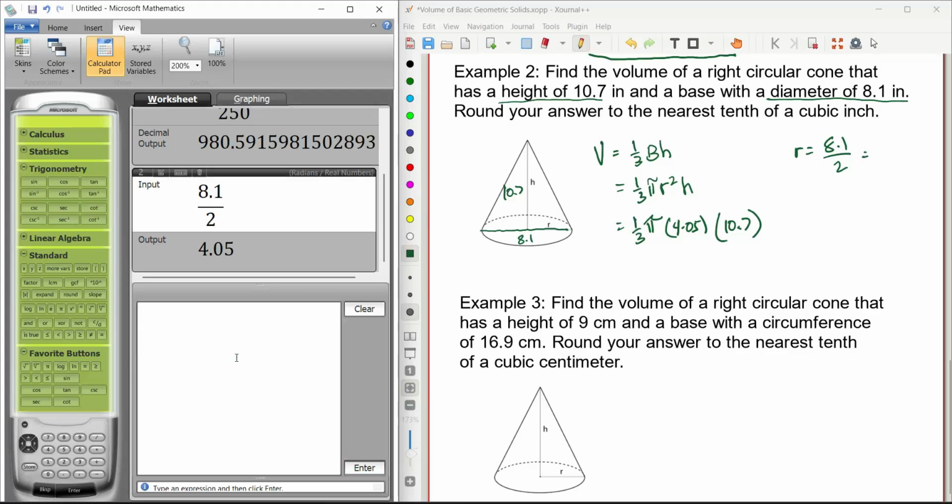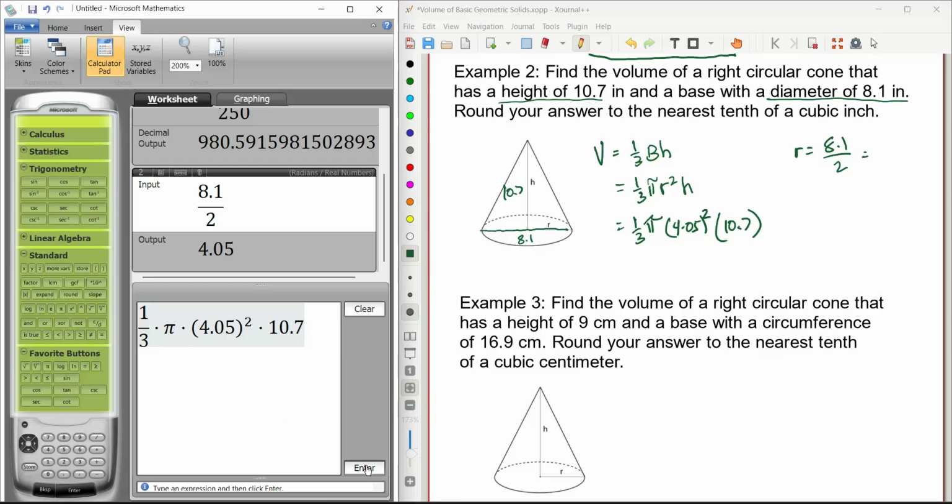So all we need to do is plug this in our formula. By the way, I forgot to write something. This should be 2. There you go. And then let's type now 1/3 times pi times 4.05 squared times 10.7.